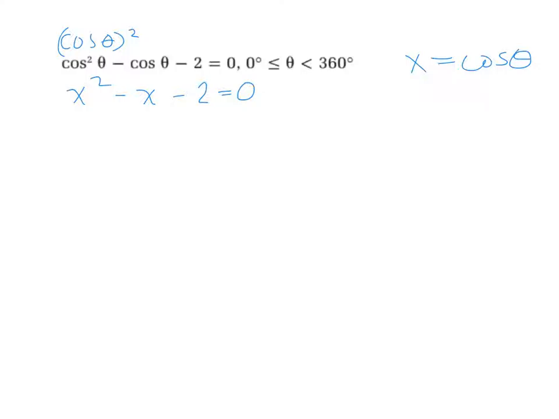What kind of equation do we have here? Quadratic, right. The other ones were both linear. This one is quadratic. To solve that quadratic equation, we're going to factor x squared minus x minus 2. So this will be x minus 2, x plus 1. Yes?